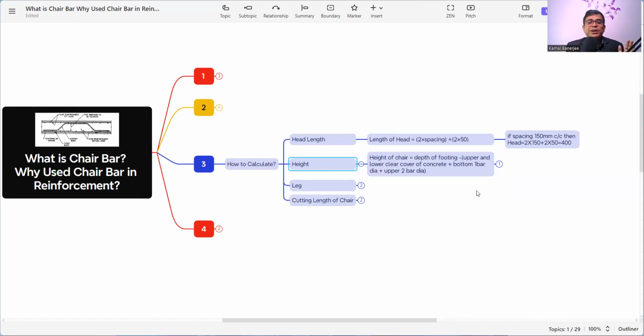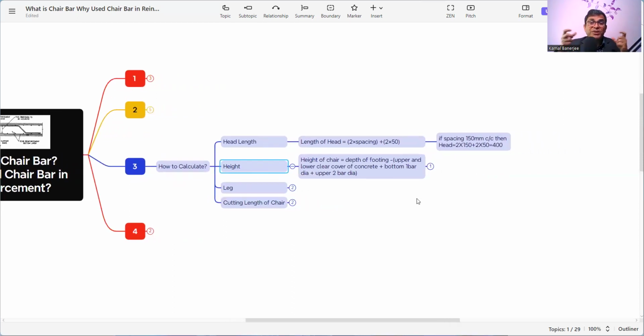It is very important that the chair should be placed on the bottom main reinforcement, not on the bottom distribution. If it is on the distribution, there will be more load on the bottom bar. So the chair will be placed above the bottom reinforcement bar. That's why one bottom dia bar and upper two dia bar. So what will be the height?